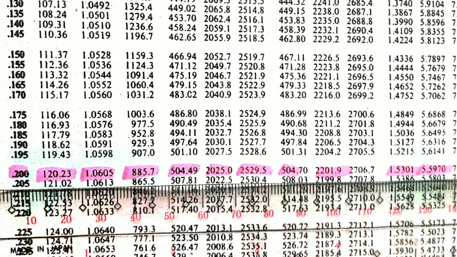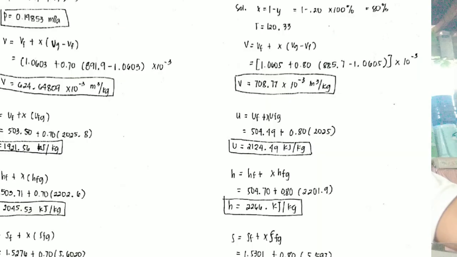Ato na siyang i-plot sa atong formula. So we can get V is equals to 708.77 times 10 to the power of negative 3 meter cube over kg. So, nakuha na nato ang isa ka required.